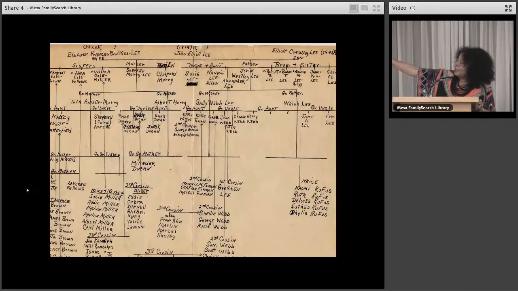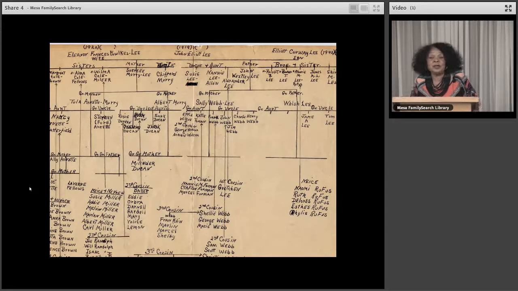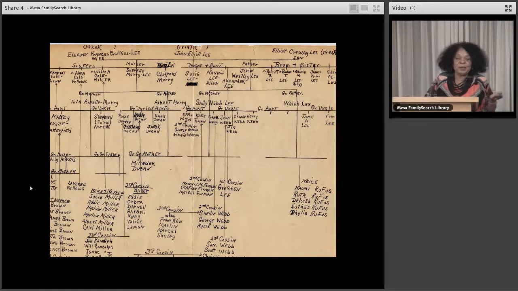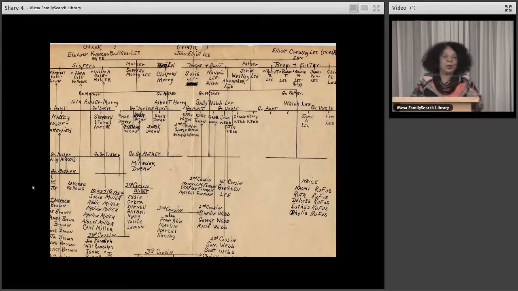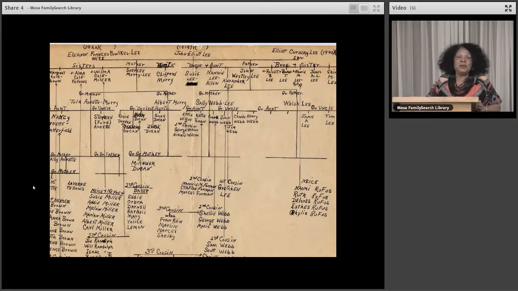The mother, where it says Suvelle Murray Lee, I have an old church record from Corydon, Kentucky from 1878. My great-great-grandmother, Amanda Arnett Brooks, Suvelle Murray, and Thula Murray were all church members of this church at that time. I found that at rootsweb.com.